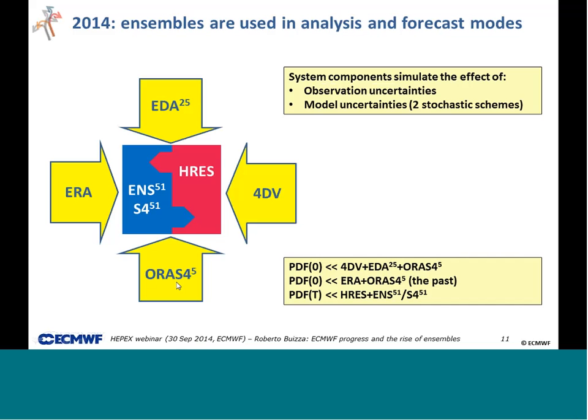We have an ensemble of ocean analyses to initialize the ensemble, the medium-range monthly ensemble, which is now coupled to an ocean model from day 0. The ensemble runs up to 32 days instead of only 15 days. Seasonal forecasts are based on 51 members now at high resolution. Not only that, we have introduced and improved the way we simulate observation and model uncertainties.